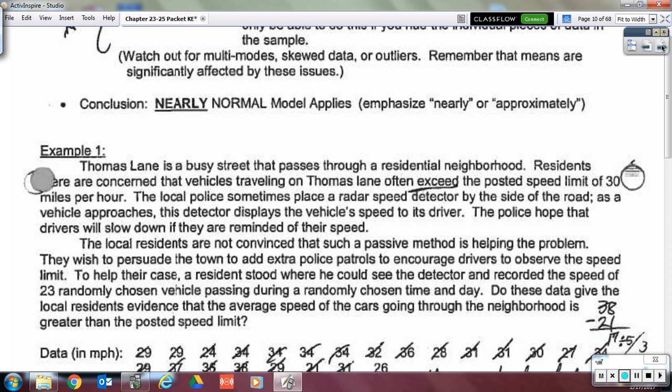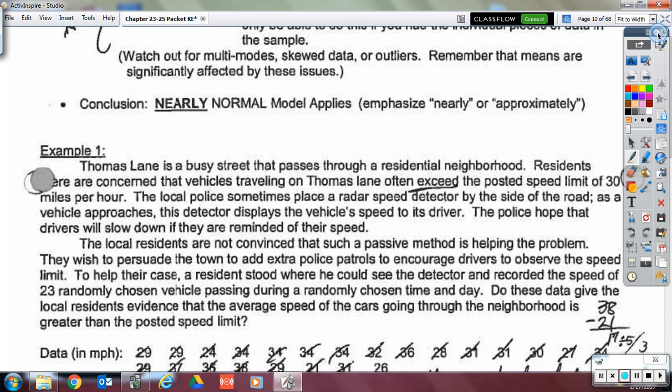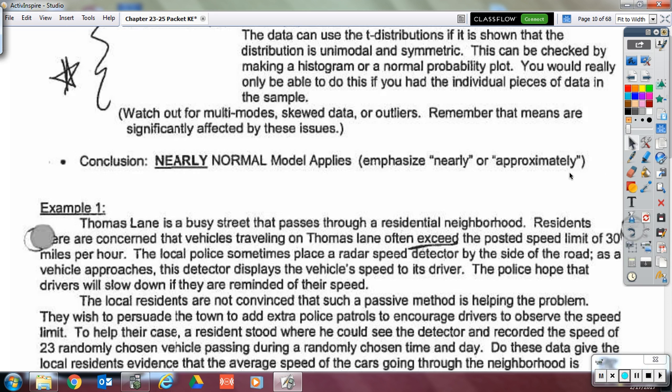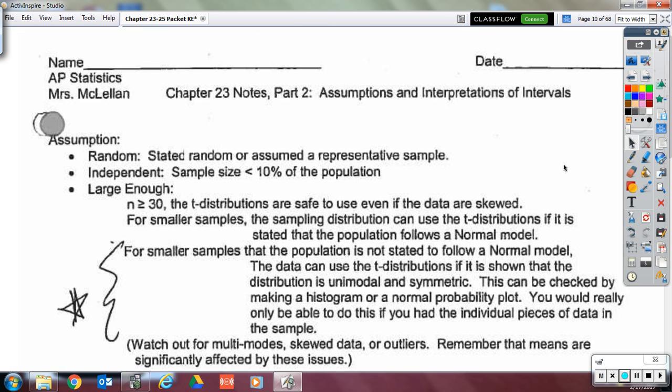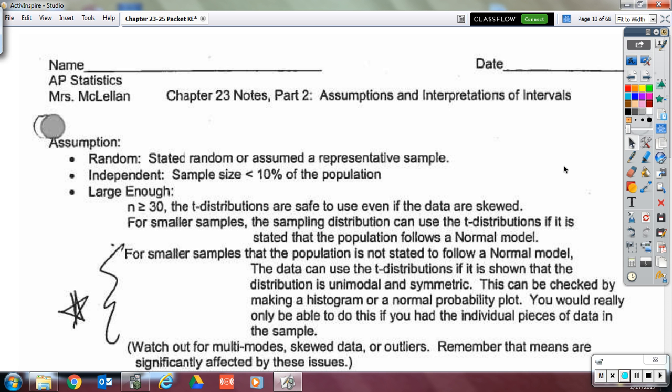All right, moving on to what we're learning today. So go on over to page 7. Okay, here's page 7. So today we're going to talk about the assumptions and how they're a little bit different and what happens to our assumptions now that we have T curves instead of a Z curve.